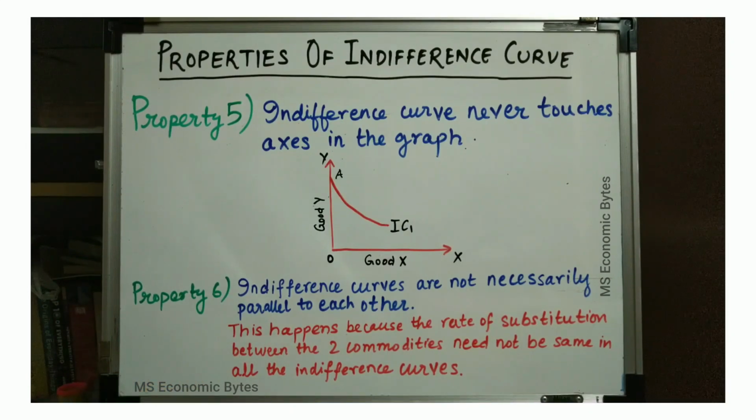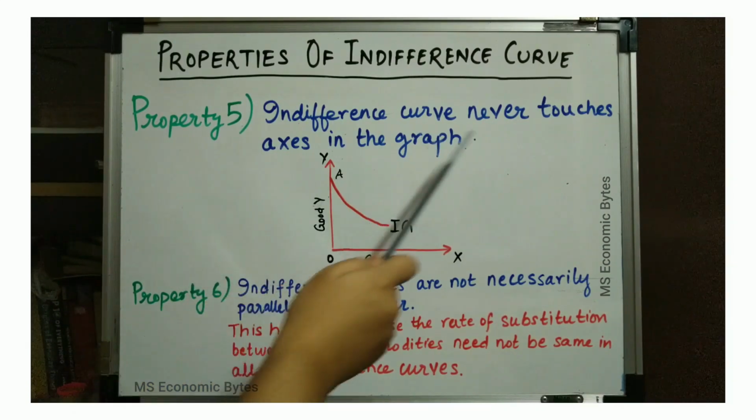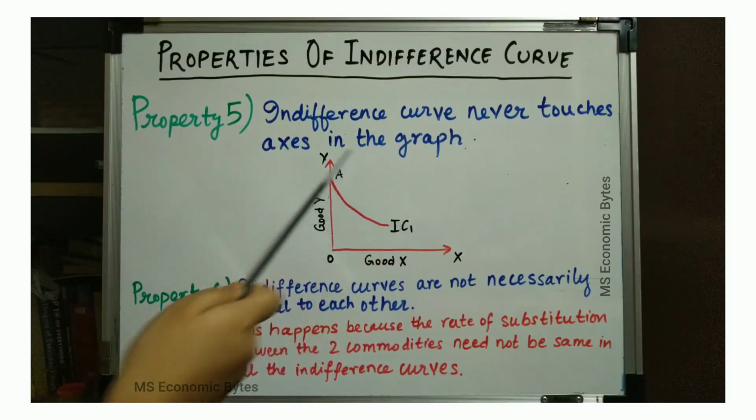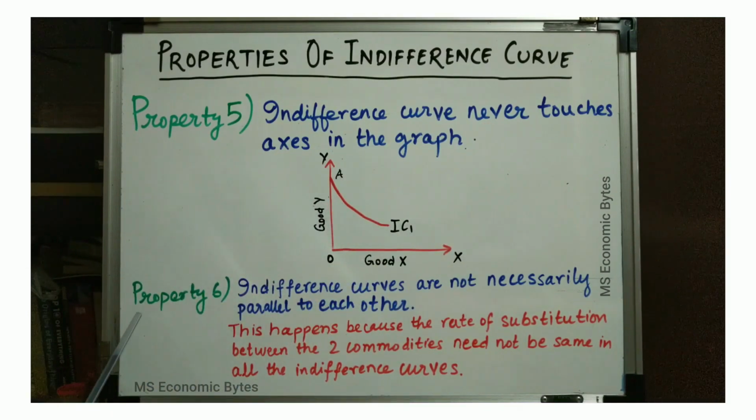That means the consumer is deriving satisfaction by only consuming good X and 0 units of good Y. That already contradicts the underlying assumption that the consumer should be consuming some amount of both the commodities, which is why an indifference curve never touches the axis in a graph.